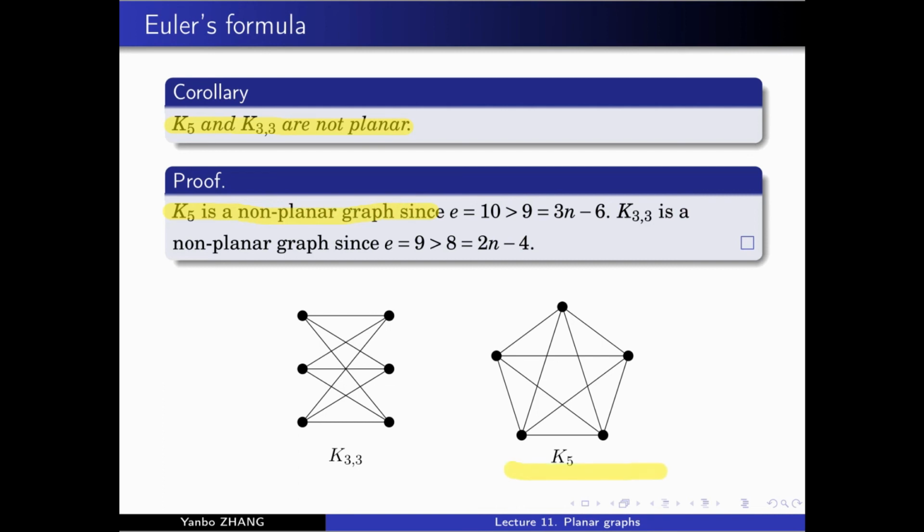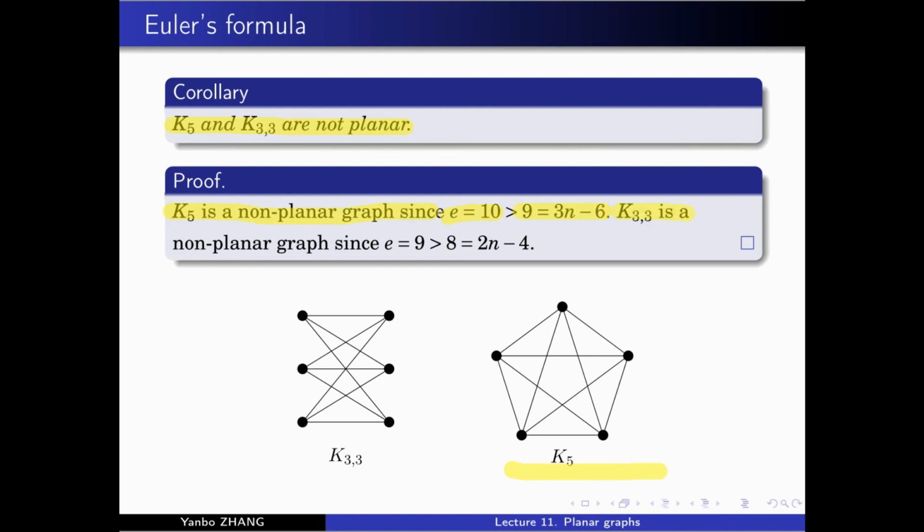The number of edges of K5 is 10, and the number of vertices of K5 is 5. So 3 times 5 minus 6 equals 9. So we have e is greater than 3n minus 6. But we have learned that for a simple planar graph, e is less than or equal to 3n minus 6. Here e is greater than 3n minus 6, so K5 is a non-planar graph.